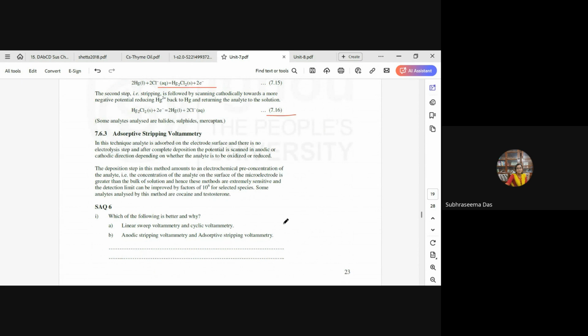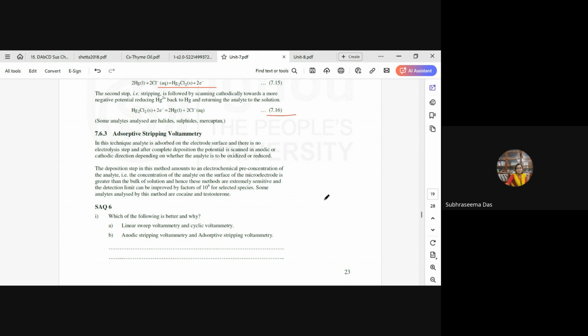Then coming to adsorptive stripping voltammetry. In this technique, the analyte is adsorbed on the electrode surface and there is no electrolysis step, and after complete deposition, the potential is scanned in the anodic or cathodic direction depending on whether our analyte is oxidized or reduced.